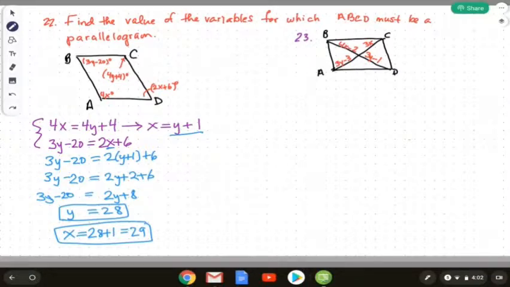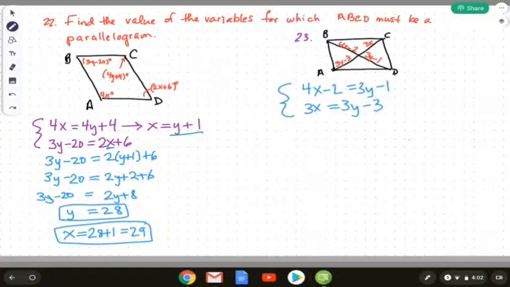And so I want this to be a parallelogram, so I want them to bisect each other, which means each piece of the different diagonals are congruent. So I'm going to have 4x minus 2 equals 3y minus 1. And I'm going to have 3x equals 3y minus 3. And that's my system of equations.